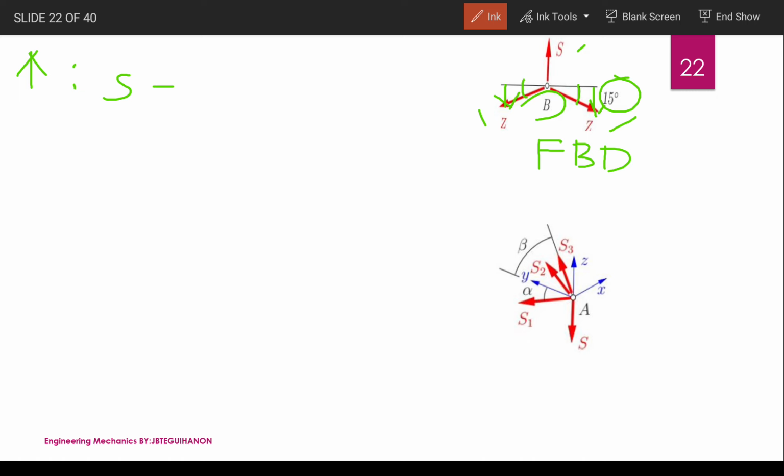So, 2Z tapos anong component ng Z mo is of course sine ano, yung binigay niyang angle which is 15. Okay, that is equal to 0.